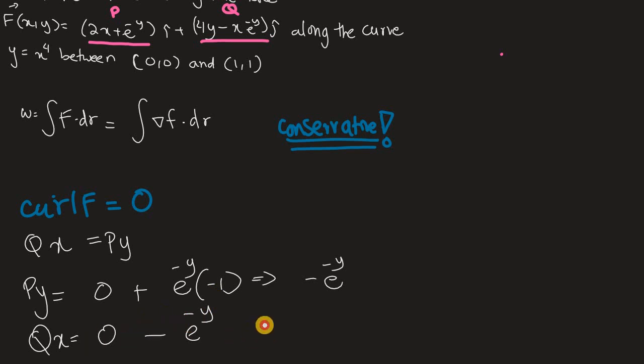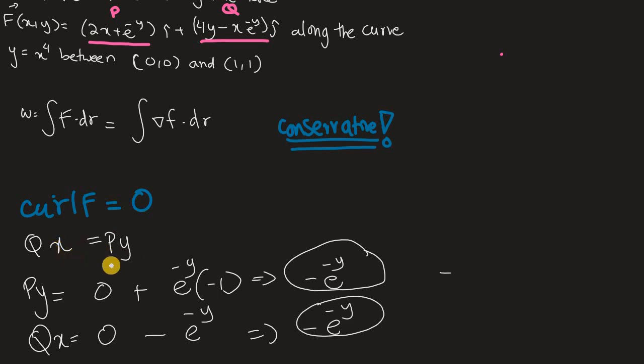So we have this e to the negative y for q of x, and what do we have for p of y? Oh, I already wrote over here. So p of y, we have the exact same thing, which means that it's proven that the vector field is indeed conservative. So make sure to write it, because otherwise your whole answer is wrong.